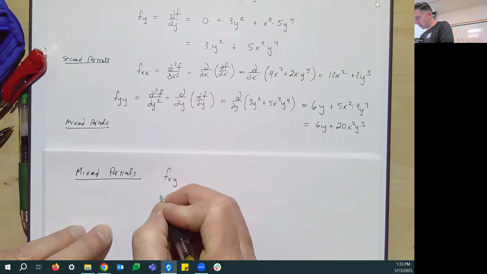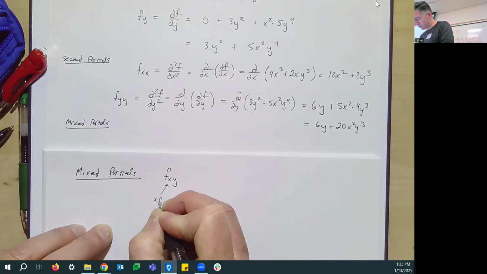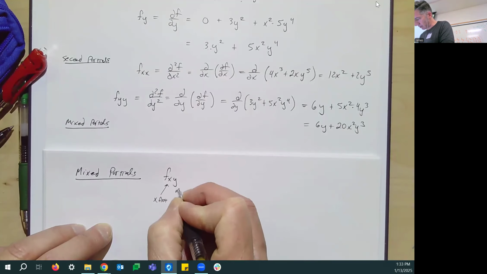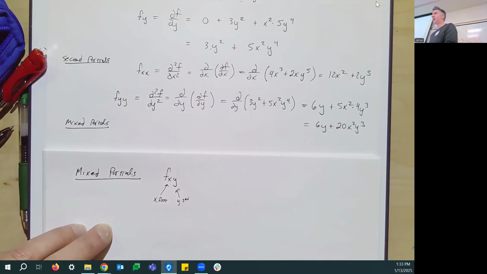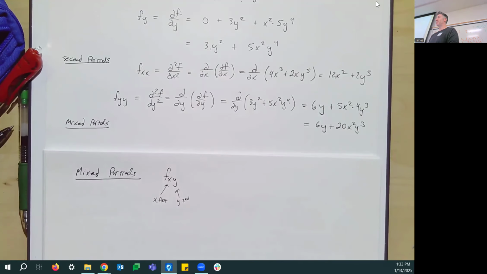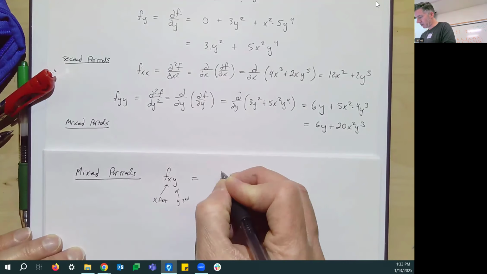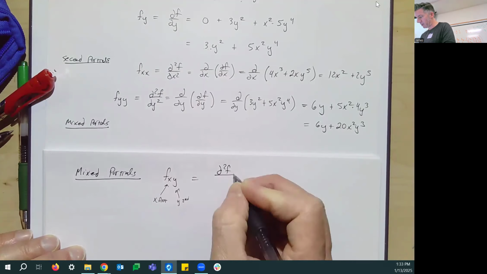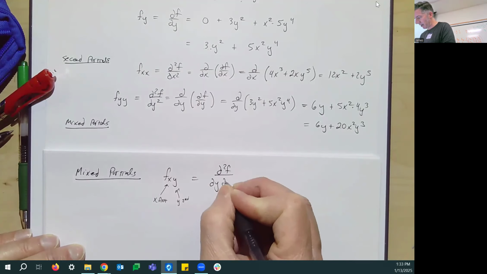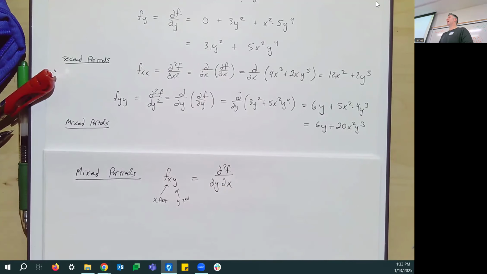So when you write this, it means x first, y second. Here's how you write it with the Leibniz notation. It is equal to del squared f del y del x. That means x first and y second. So with the Leibniz notation, you read it from right to left, essentially.